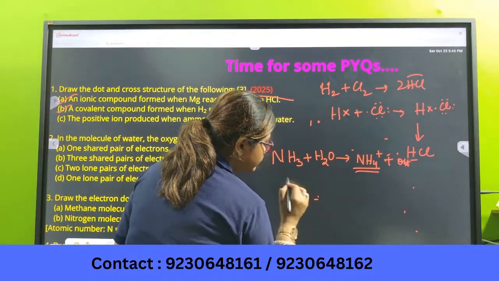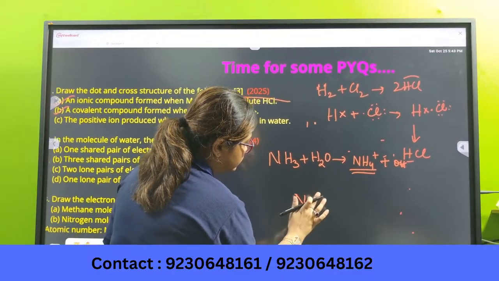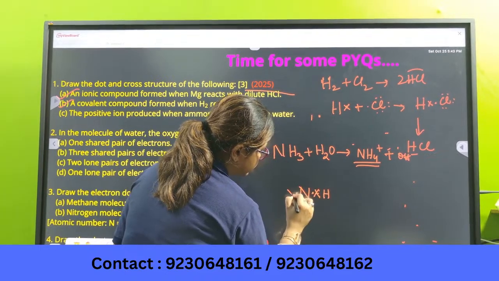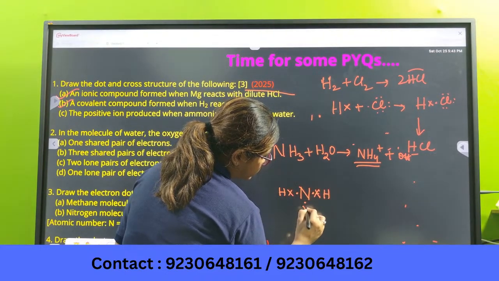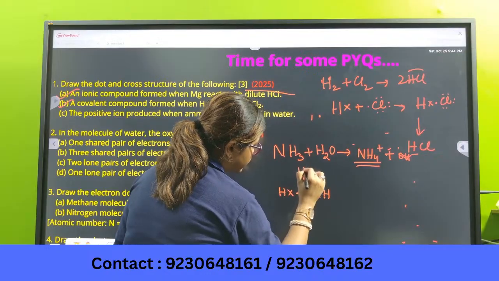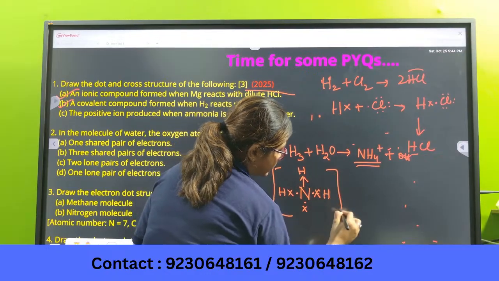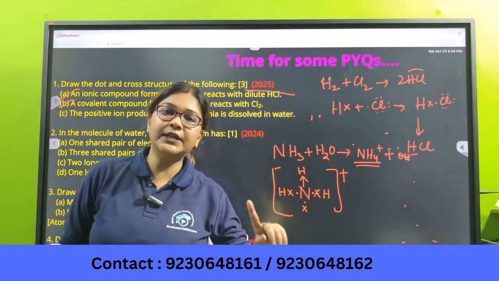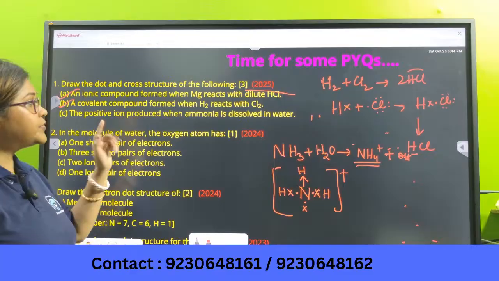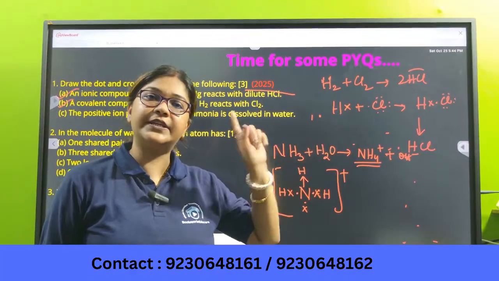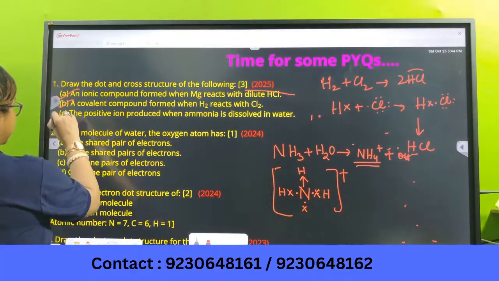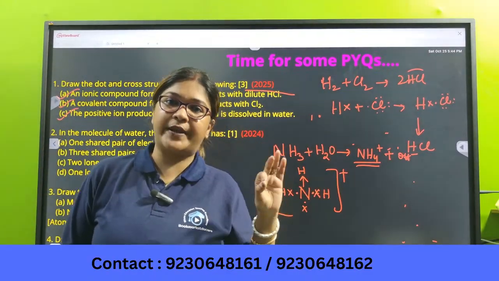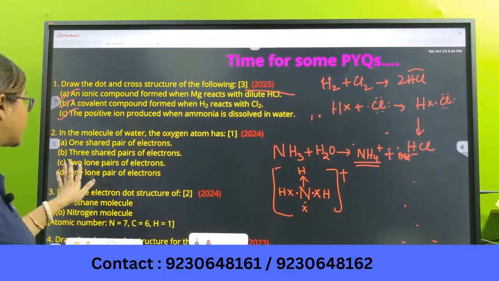So the structure will be this. This is the structure of the ammonium ion that will be formed when ammonia is dissolved in water. Correct? So this question has come in the very recent 2025 year of your boards.